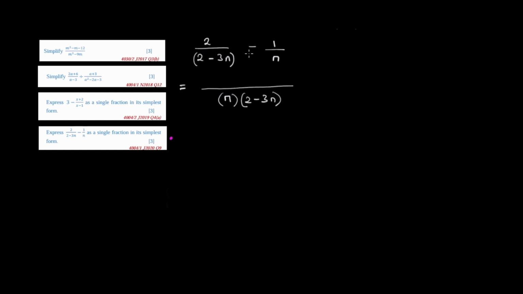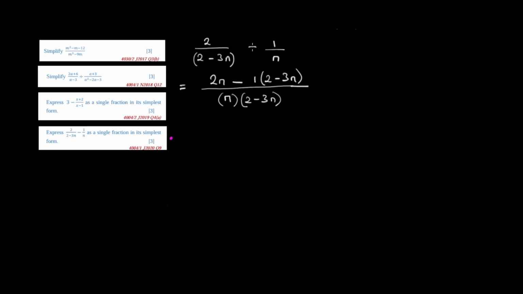So here, the bracket (2 minus 3n) into the common denominator: the (2 minus 3n) cancels, leaving n. n times 2 is 2n. Then we put minus: n into the common denominator, the n cancels, leaving (2 minus 3n). (2 minus 3n) times 1 is just 1 times (2 minus 3n).